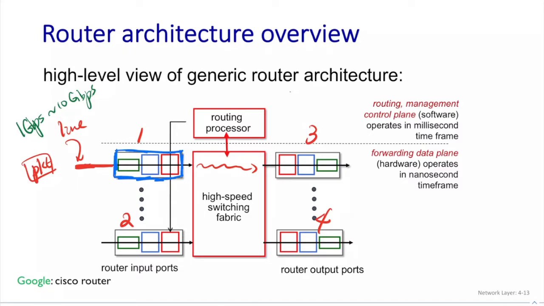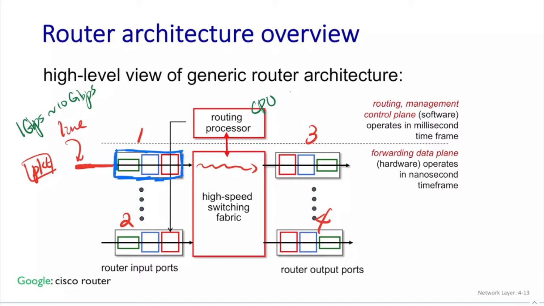We have a routing processor, which is basically simply a CPU, right? It should check the packet, determine where the packet should go, and do switching, which means switch the packet from one port to the other port.